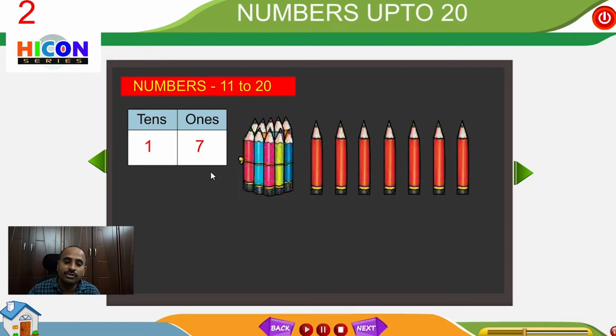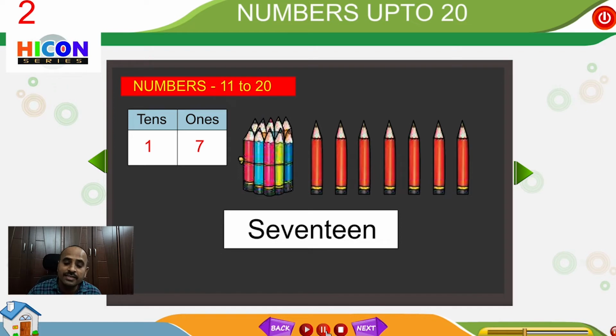Together this number is called 17, and 17 can be written in words like this: SEVENTEEN. So 17. This is the word form for the number 17. So children, let us go to the next number.